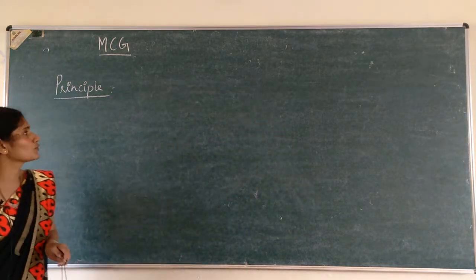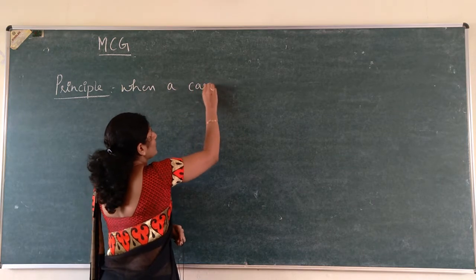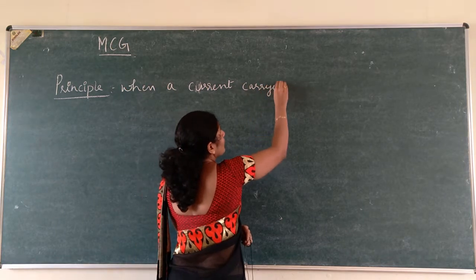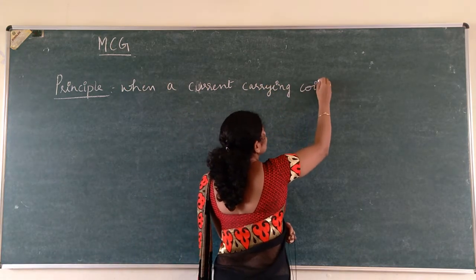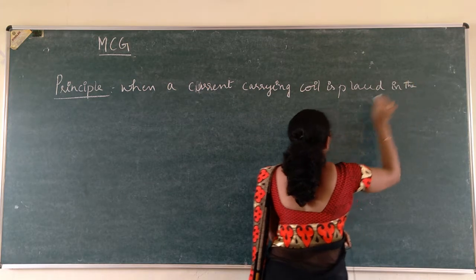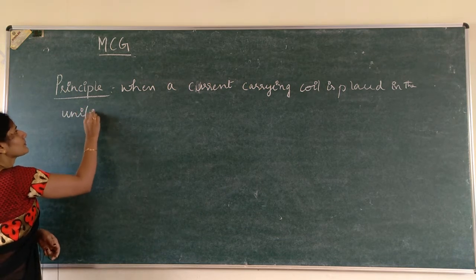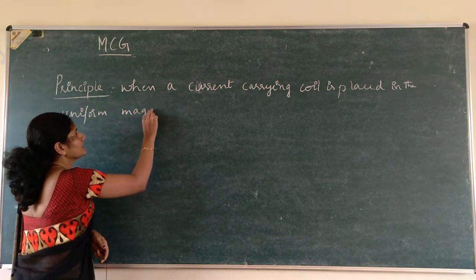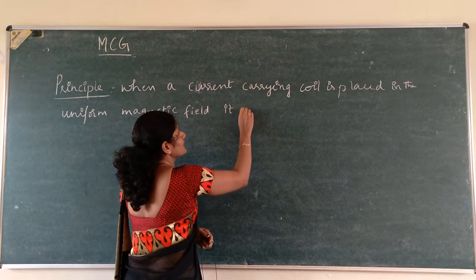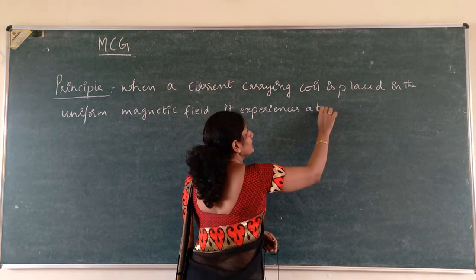So, the principle of moving coil galvanometer is, when a current carrying coil is placed in the uniform magnetic field, it experiences a torque.